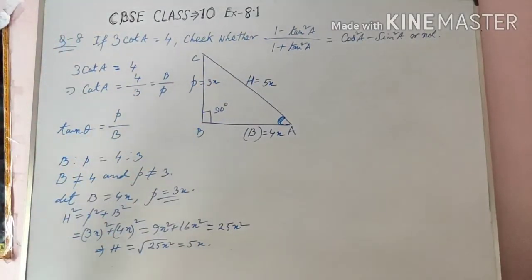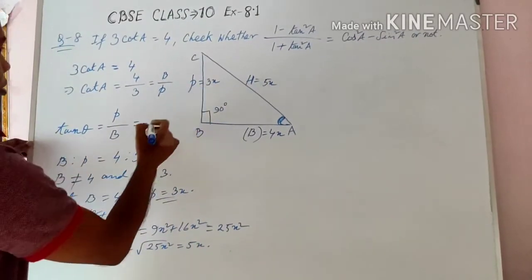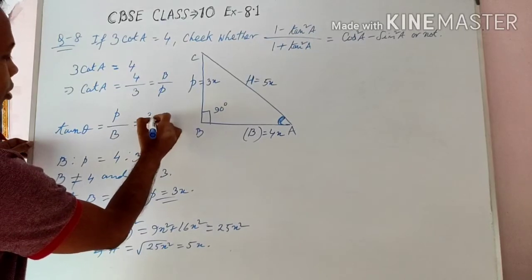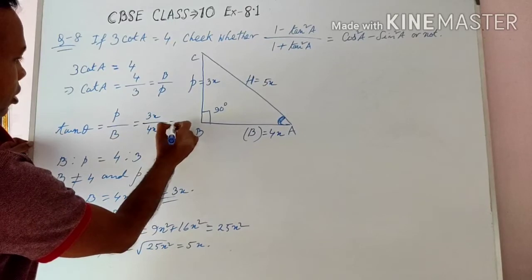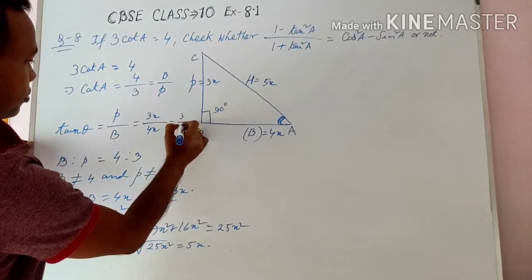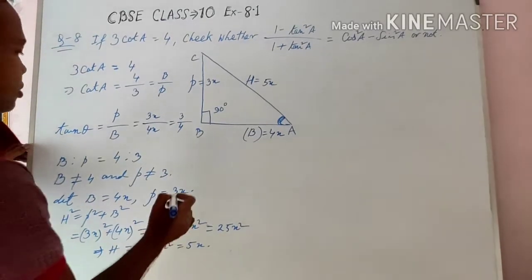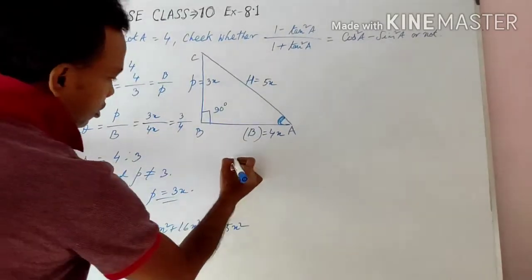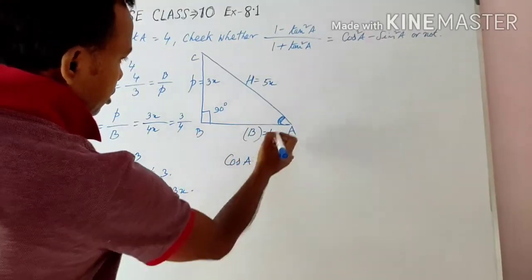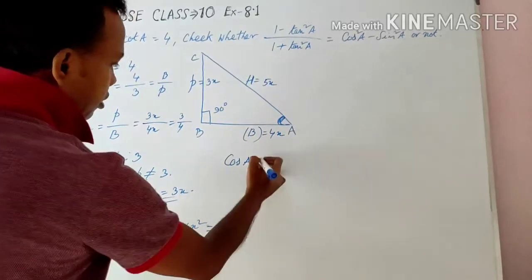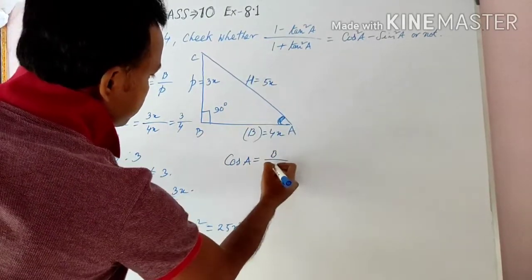Now we find out what is tan theta. Tan theta is equal to perpendicular by base. The value of perpendicular is 3x, the value of base is 4x. That is 3 by 4. Similarly, cos theta, where theta is equal to A, this is your angle A. Cos is equal to base by hypotenuse.